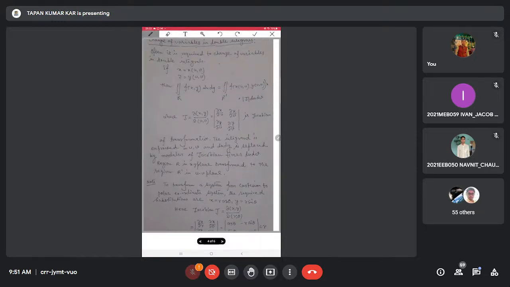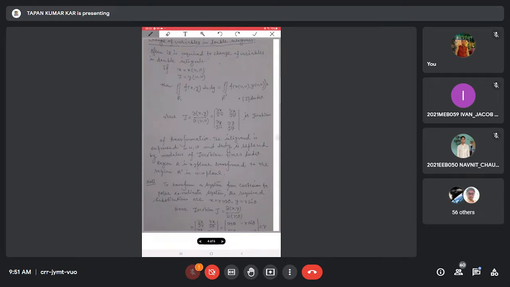Say, if you give a transformation x equal to sine theta, then for the variable x there is some limit, and that limit will be converted to theta, and f(x) will be some function of sine theta, cos theta, etc. And dx is cos theta d theta. But that is for a function of a single variable. In the case of a function of double variable, triple variable, that is multiple integral, it is not like that.